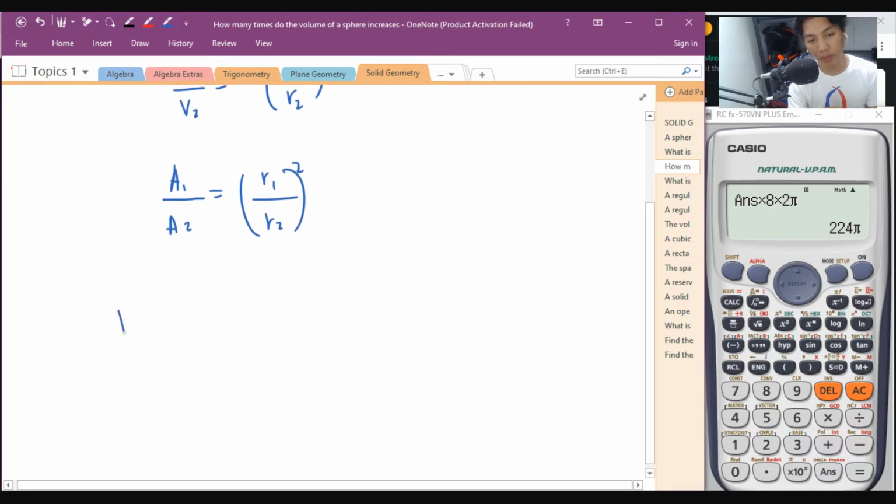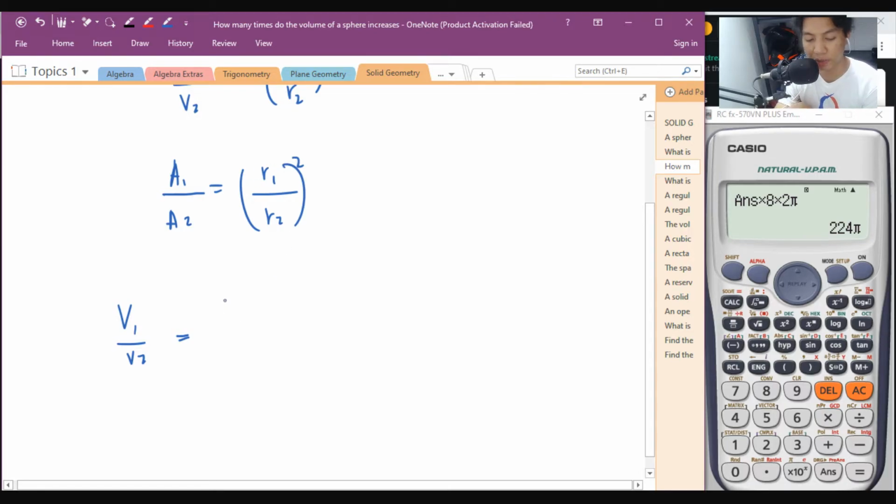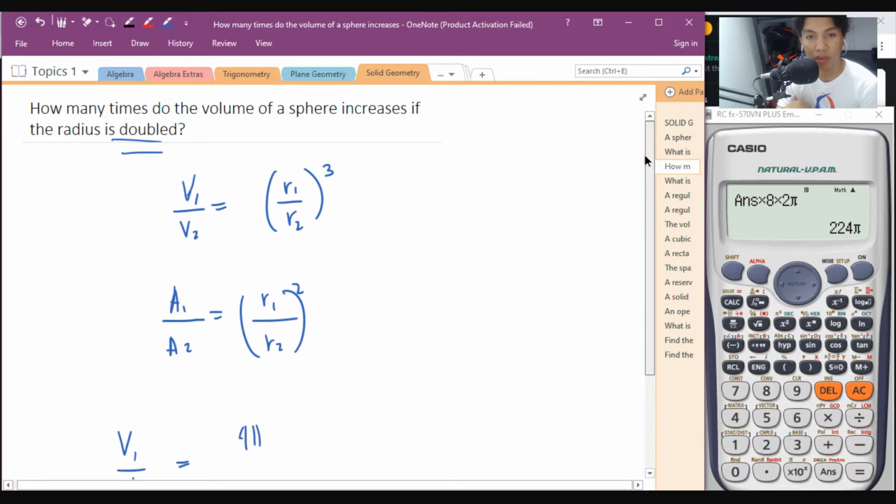So, dito, yung volume. Volume ang hinahanap, di ba? Volume 1 over volume 2 equal to, ano ba yung volume nito sa taas? Anong volume ng sphere? That is 4 over 3. May hinahanap dito? How many times the volume of the sphere?